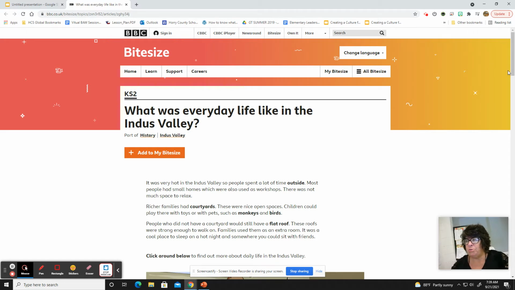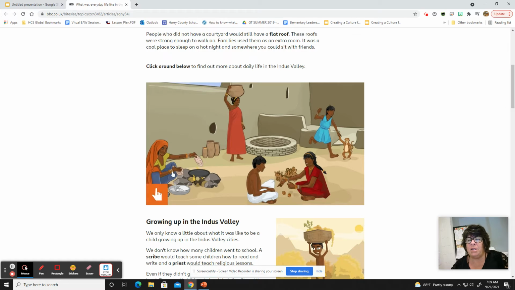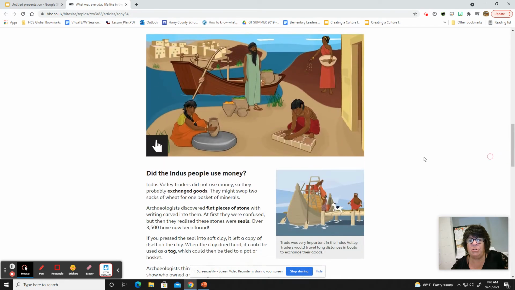If you arrow down here, it has a click around, and it talks about the different jobs that people had in the Indus River Valley, which is obviously in India, and what life was like growing up. And you can play the games, you can move the pots.